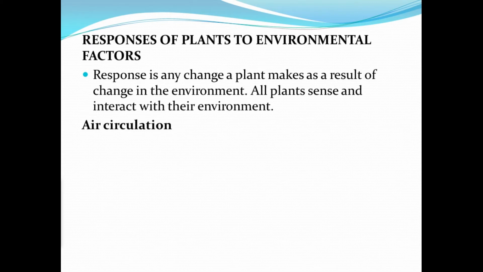Air circulation also increases transpiration by removing that thin, moist layer of air called the boundary layer, which lies next to the surface of a leaf. This moist air causes lesser water potential gradient from the leaf, resulting in a reduced rate of transpiration.